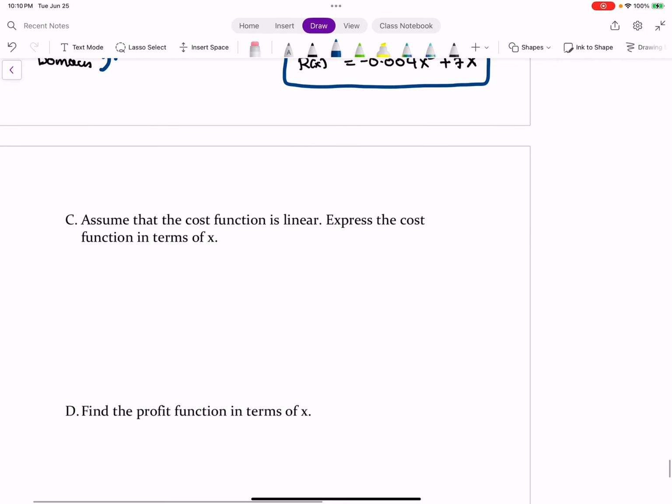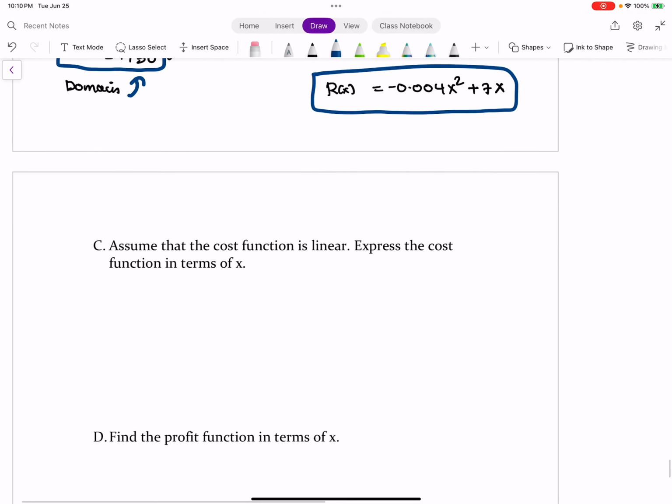All right. Assume the cost function is linear. Express the cost function in terms of x. Remember, when I started this course, I said that cost is equal to fixed cost plus variable cost.